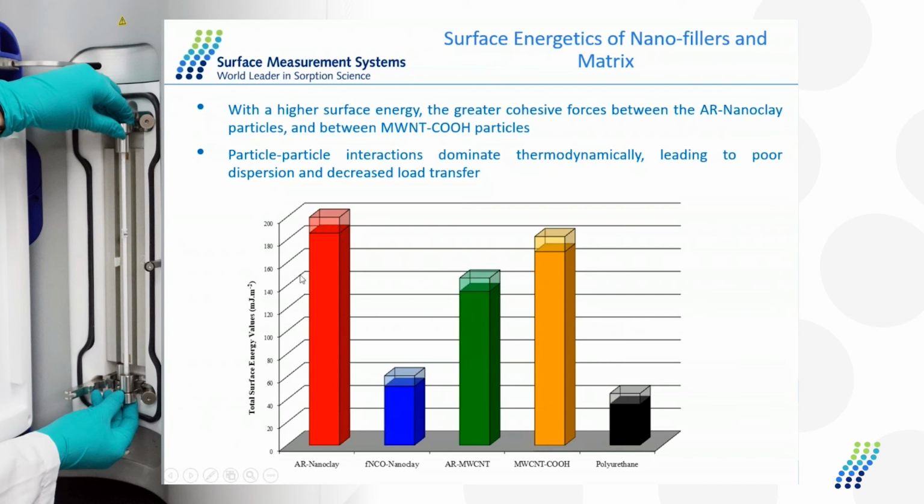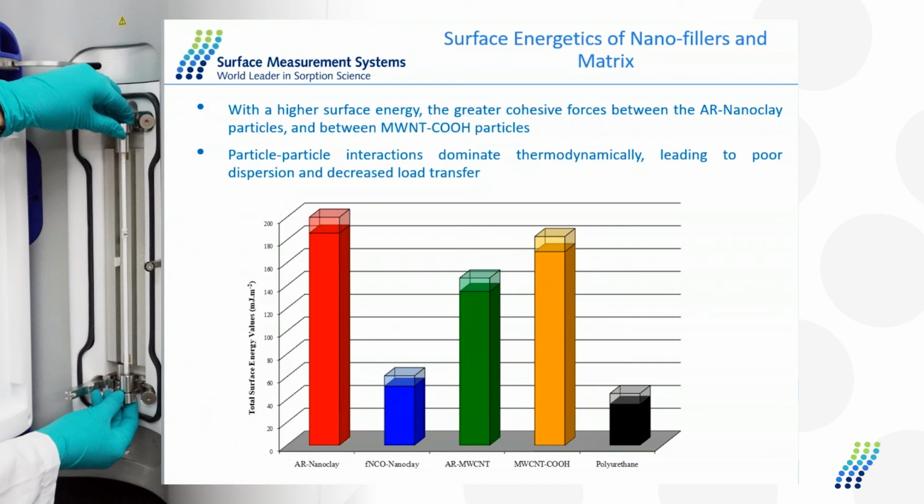So we measured the individual components of these nanofillers and of the matrix material, polyurethane. And if we apply the work of adhesion and work of cohesion calculations, we can use this to predict which ones would make a better composite.